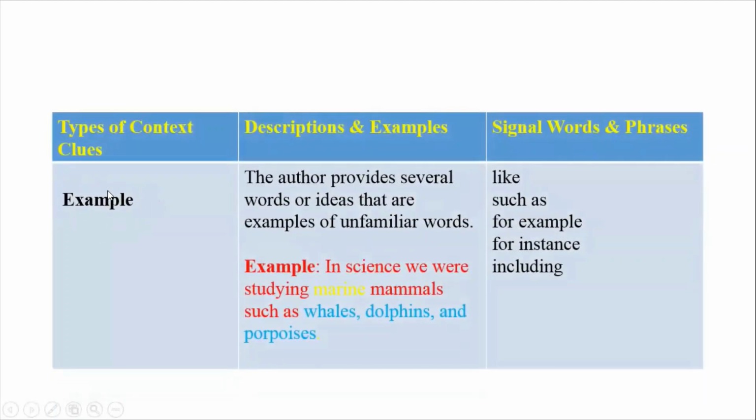Then there comes example. Sometimes the writer gives an example of that unknown or new word, and signal words and phrases can be like such as, for example, for instance, including. The author provides several words or ideas that are examples of the unfamiliar word.